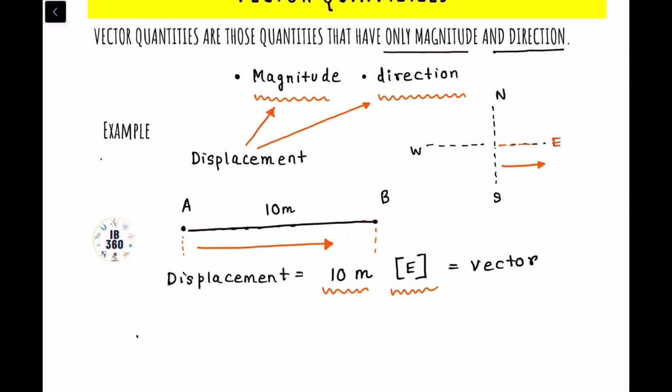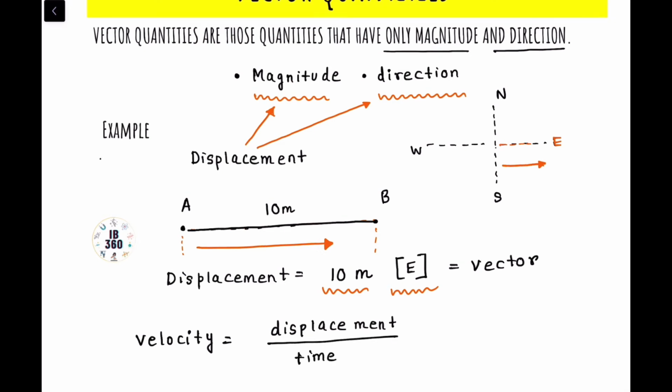Suppose now I am trying to define velocity. What is velocity? Velocity is displacement divided by time. Displacement is a vector quantity because it needs both magnitude and direction, and time is a scalar quantity because time doesn't need any direction.